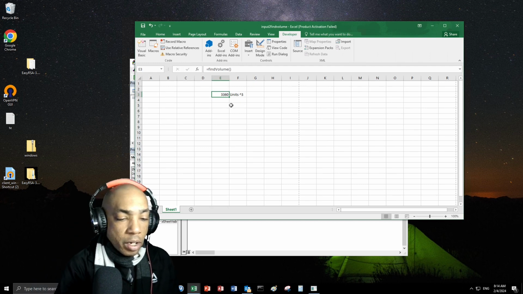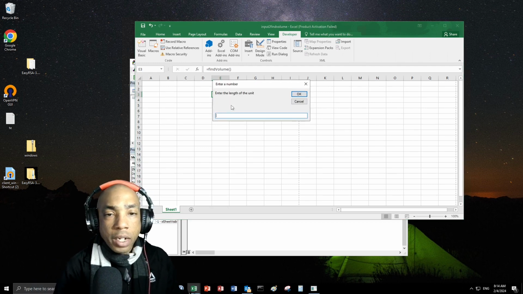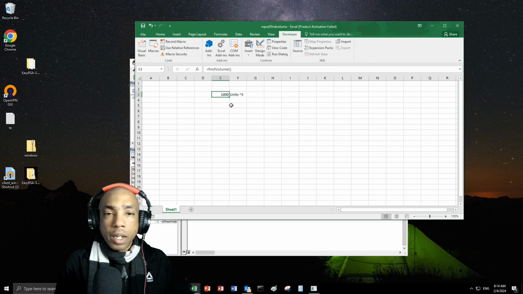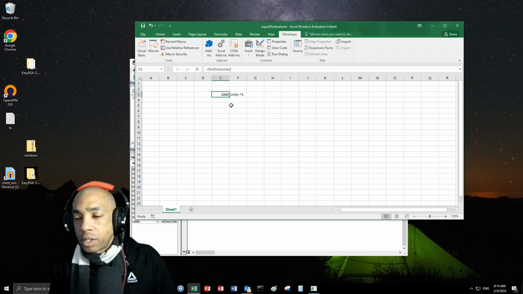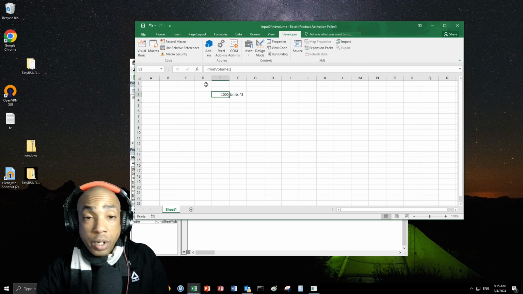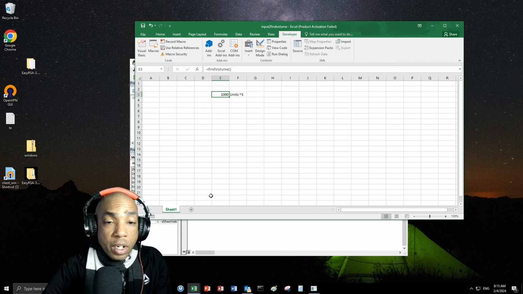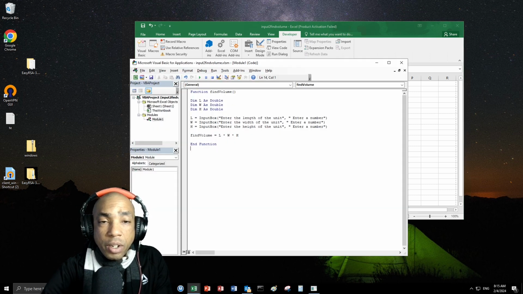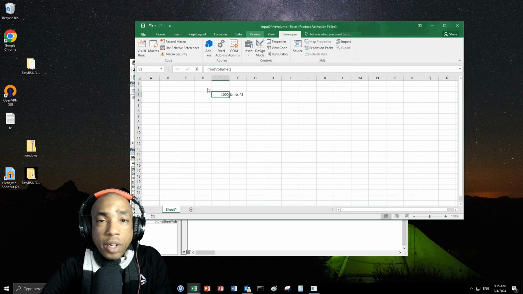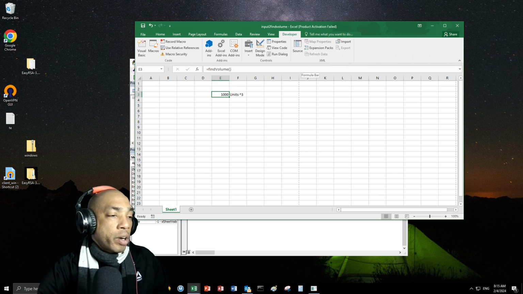I'm going to press Control Alt F9, and we enter the length of the unit, then the width, then the height, and then you have 10,000 units cubed for the units. And that's basically it in a nutshell. So this is our code here. It's a function, and we just have it run through a sheet here, and all I did was type it in there. So that's essentially what we have going on now.